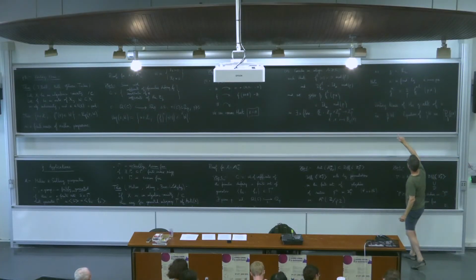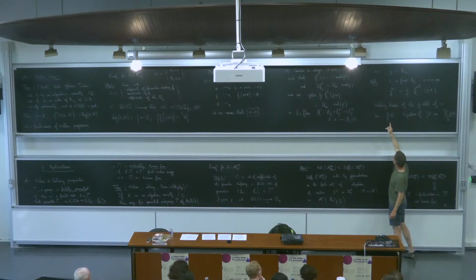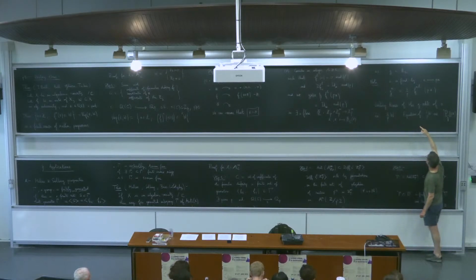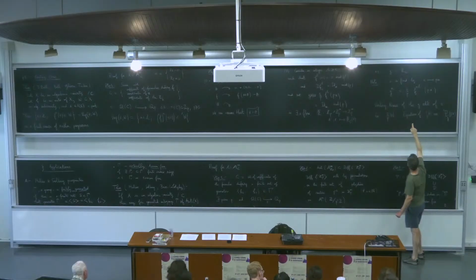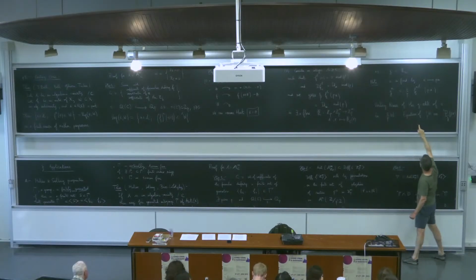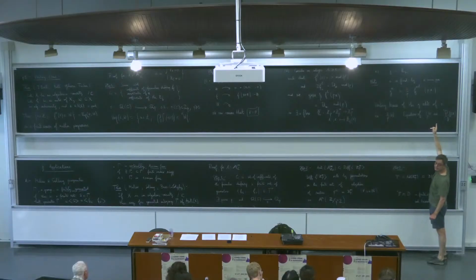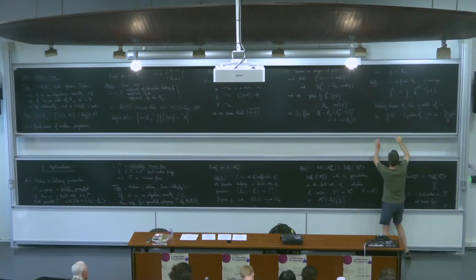If I control or understand the visiting times for this new dynamical system generated by g, I will not have all possible visiting times. I will just have the visiting times with respect to f which are a multiple of L. So the trick is the following.